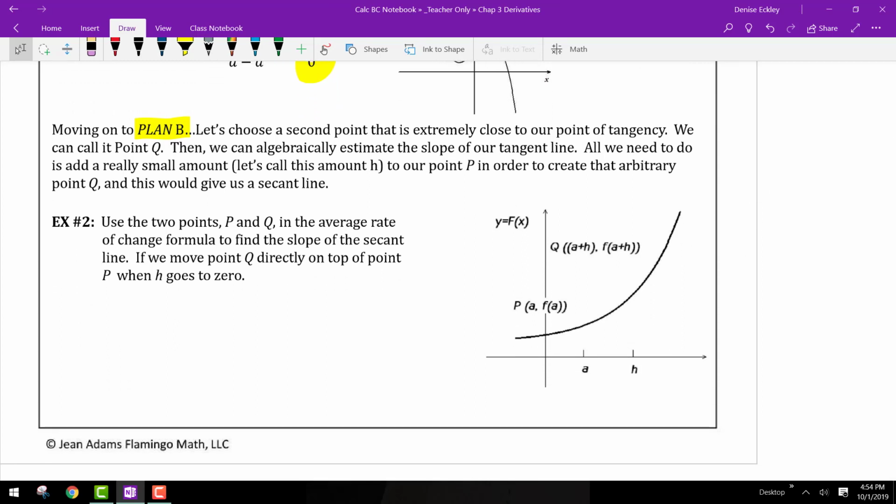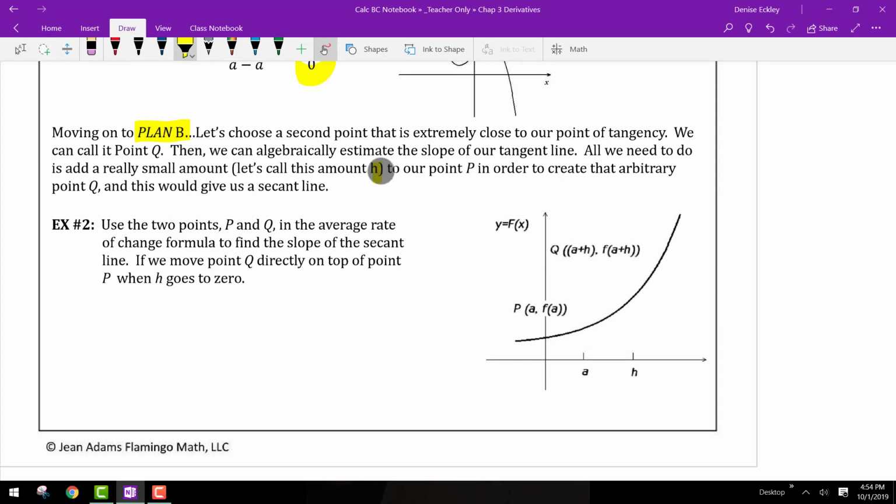So point Q is so very, very close. And in this picture, it looks a little far away. And we can algebraically estimate the slope of our tangent line and then just move that amount away. And we usually use the letter H for that movement, that little distance away. So 2 points in the average rate of change formula, the slope of the secant line.